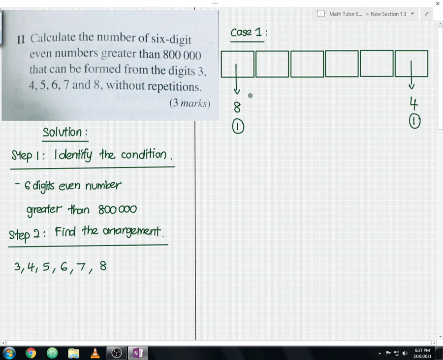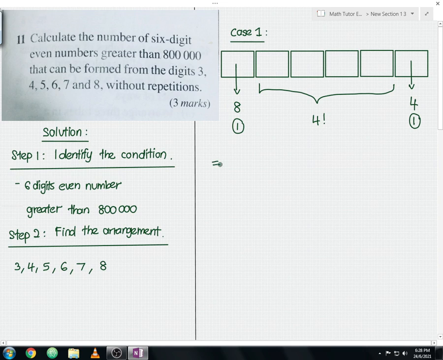You have already placed numbers in the first digit and the last digit respectively, so you still have 4 more places. For these 4 places you can place number 3, number 5, number 6 and number 7. You can permutate the 4 numbers over here, so you can have 4 factorial. So this is your case 1.